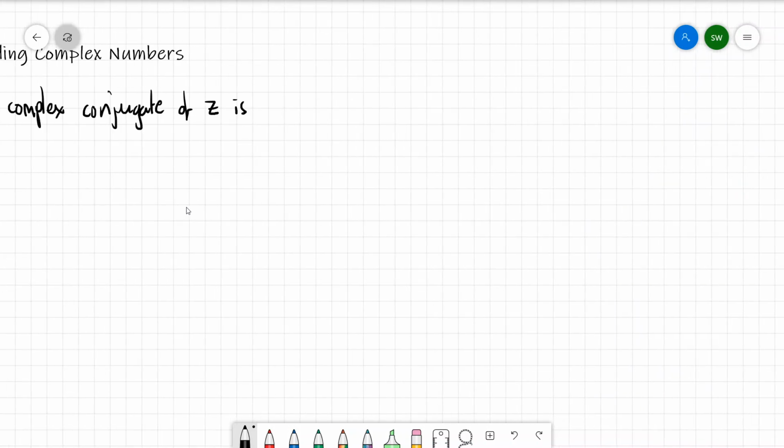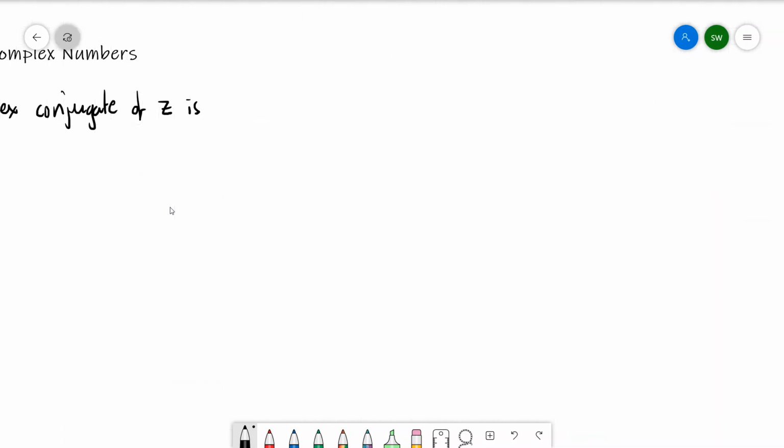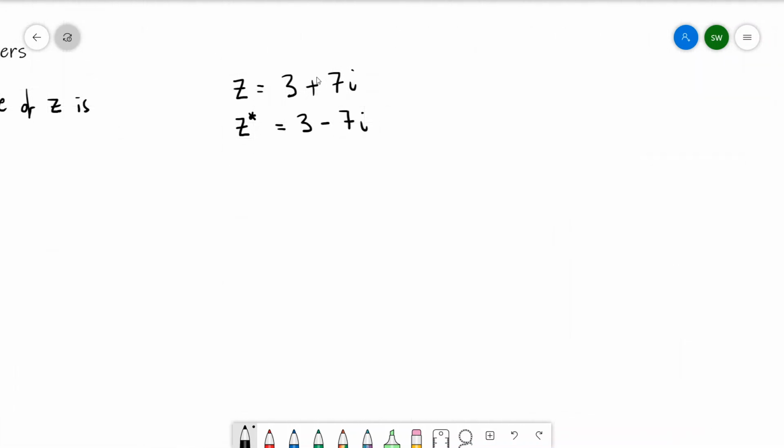Let's look at some examples of complex conjugates then. So we've got, let's say z equals 3 plus 7i. Then z star, in this case, would be equal to 3 minus 7i. We've just changed the sign of the imaginary part, or times the imaginary part by -1, however you like to think about it.